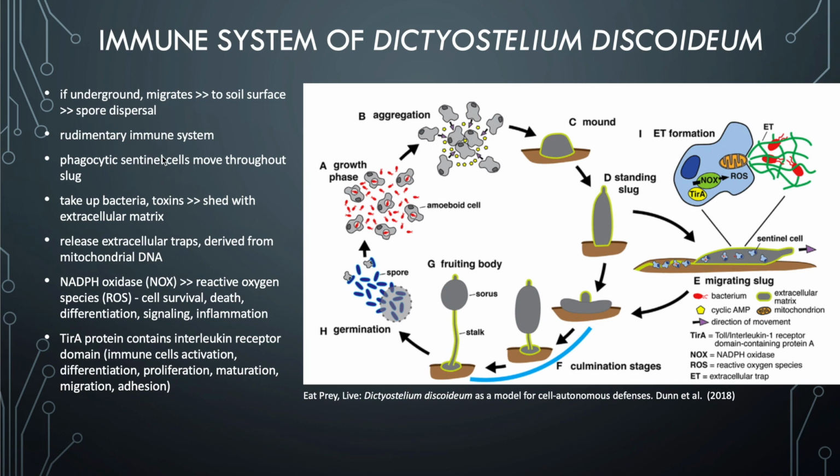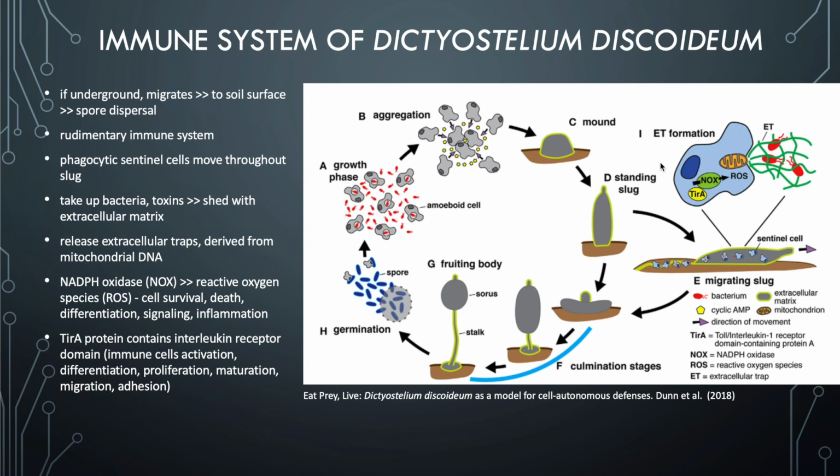So like any bacteria that might want to eat it, these cells actually start to attack any potential threat. And they actually move throughout the slug, and you can see here in the diagram, we've got the sentinel cells, and they basically travel through, and the extracellular matrix leaves a thread of these sentinel cells to protect the slug, and the protective sentinel cells are shed through this extracellular matrix.